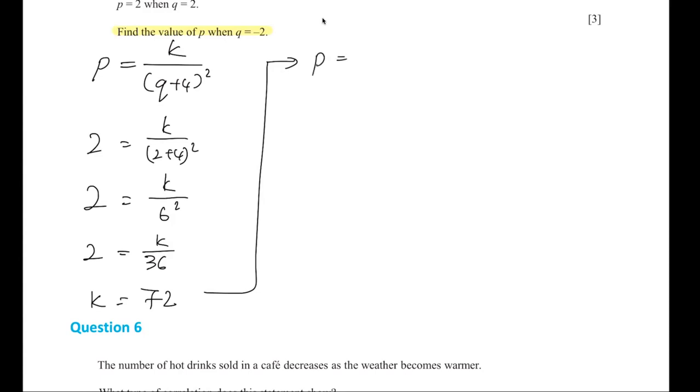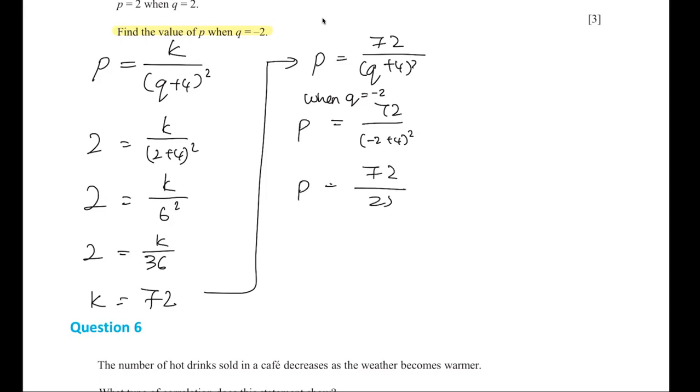So rewrite the equation. 72, sorry. Let's see. 72 divided by 4, 18, my bad.